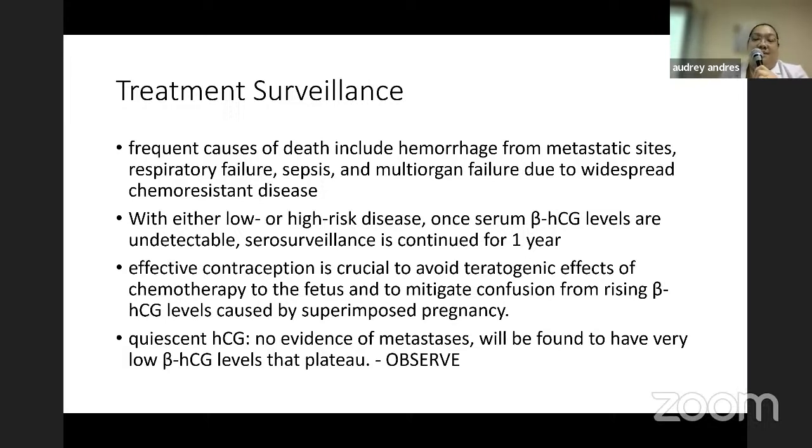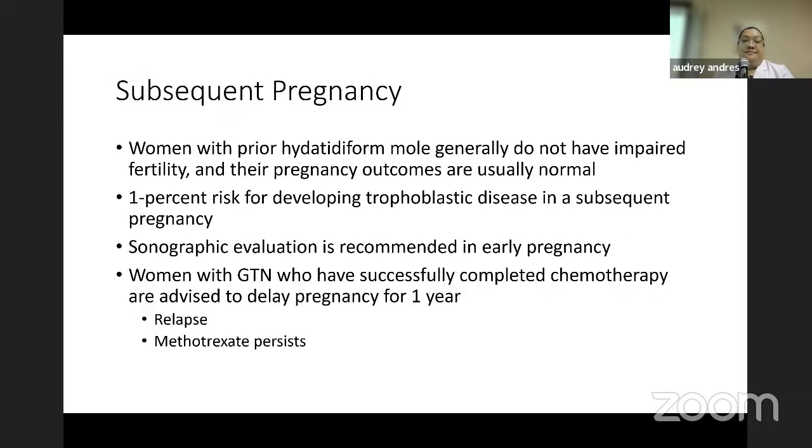Contraception is also critical, especially now you have teratogenic effects of your chemotherapy. Sometimes you have to be observant also. If there's no evidence of metastasis, there may be low levels of HCG that are plateauing. You still have to observe.